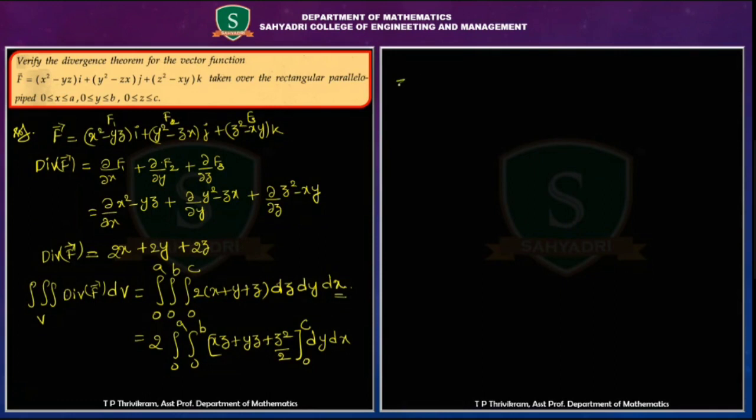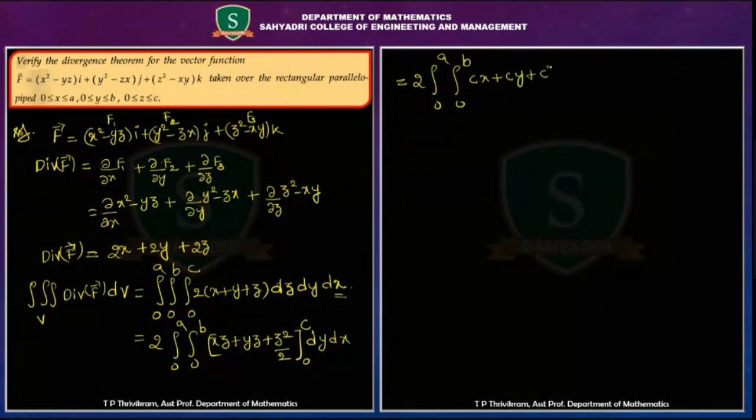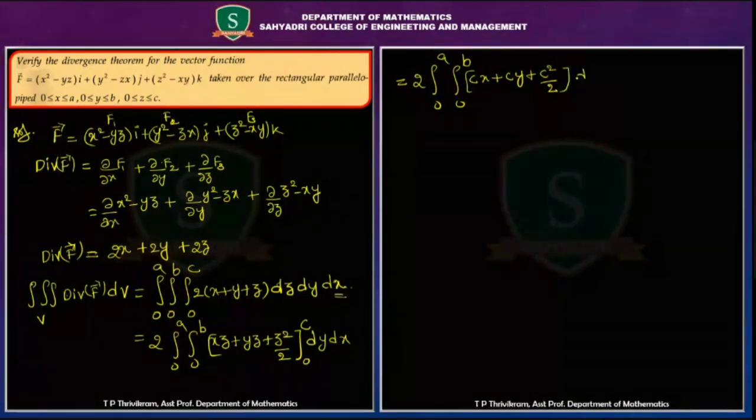Okay. So this one is equal to 2 into integral 0 to a, integral 0 to b. Okay. So apply the limits. How much you'll get? Cx plus cy plus c square by 2. Okay. So if you apply 0 limit, all terms will become 0. So dy dx will be there.